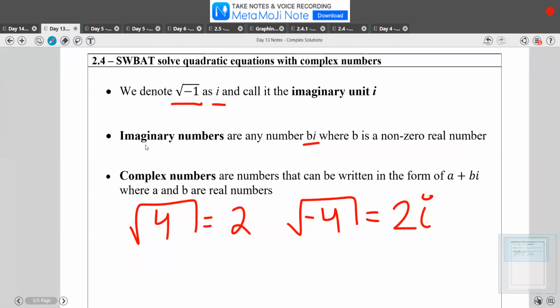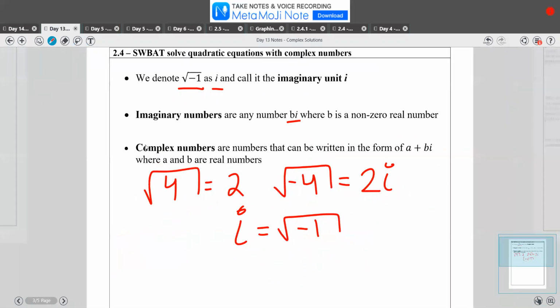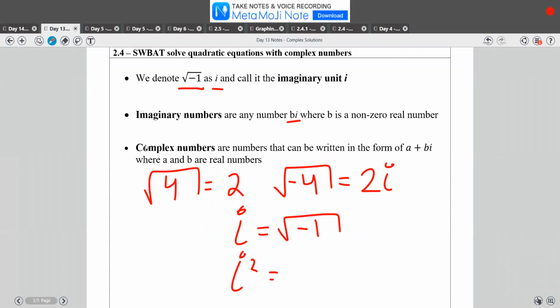All right. The one thing that you gotta know about i is that i is equivalent to the square root of -1. And let's just say I want to square i. Well, i squared would be -1.